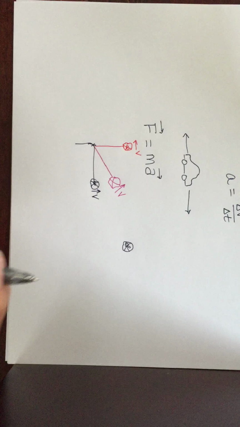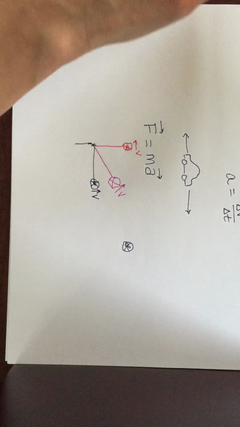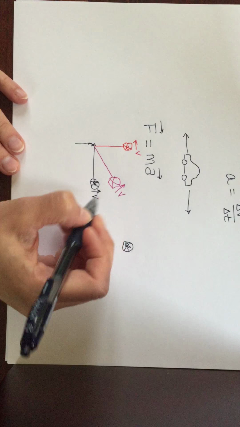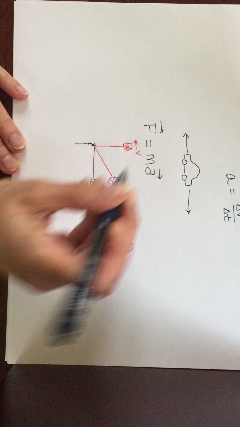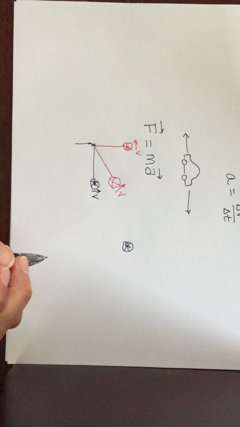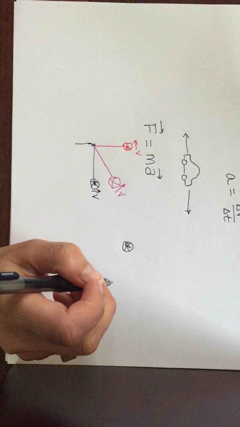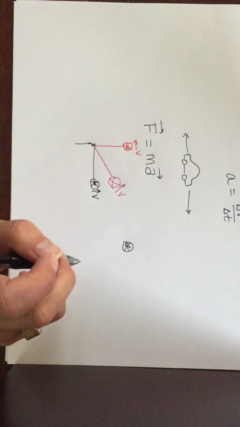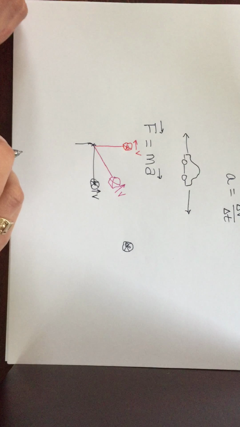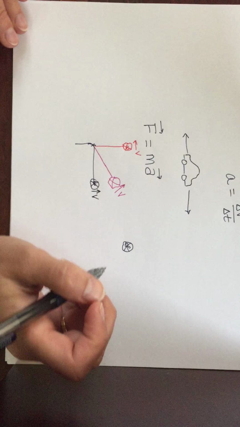While there's no change in the magnitude of the velocity, there's a change in its direction. See how it's pointing up this way the first time? A little later it's going this way, a little later it's going this way. If it's changing its direction, then it has to have some sort of force acting on it. That's what Newton's laws say, Newton's second law.